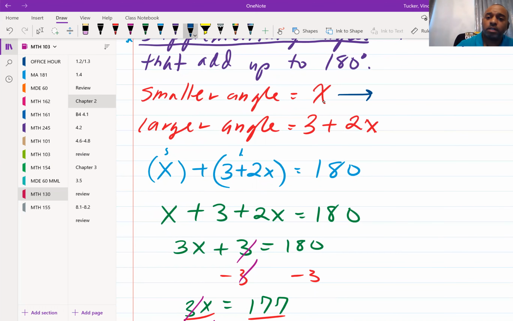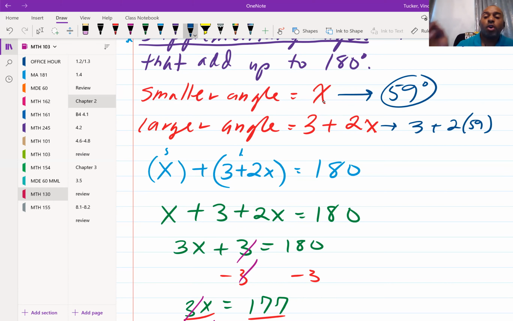So X is 59, so our shortest is 59 degrees. And then here, 3 plus 2 times 59. Or since we know they're supplementary, we could have subtracted it from 180. So it's up to you. Those are your two answers. Oh, the degree symbol.